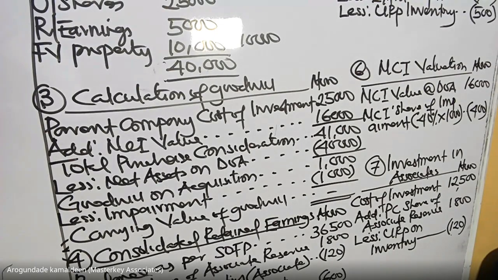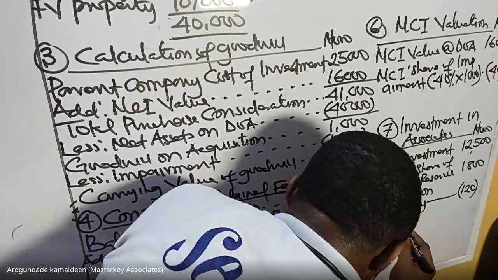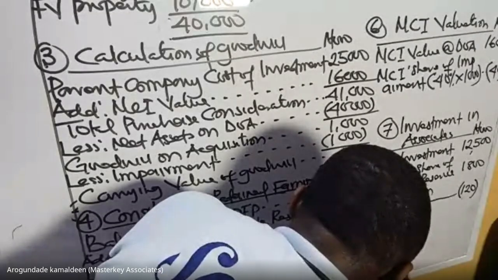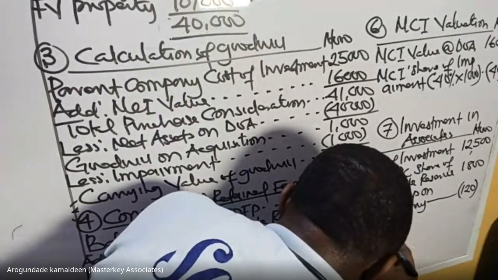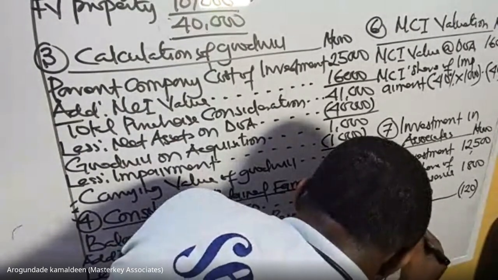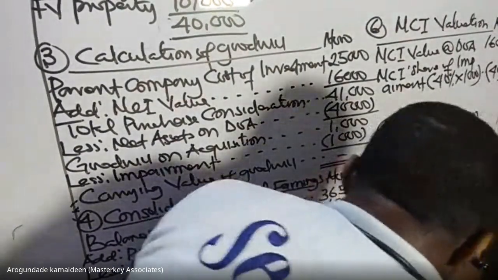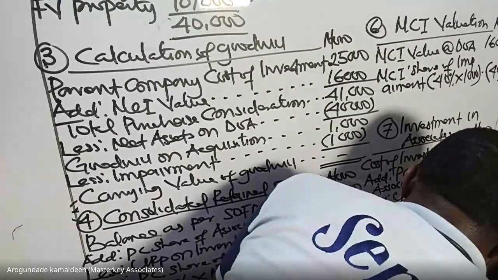The impairment comes from consolidated retained earnings and investments in associates, which is 2.3. Let's say impairment here, 2.3.